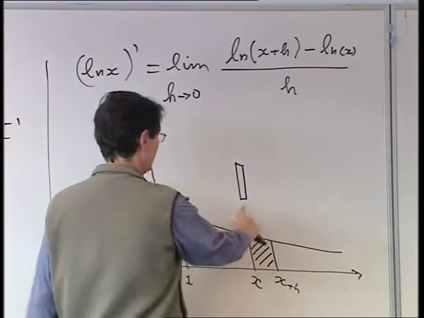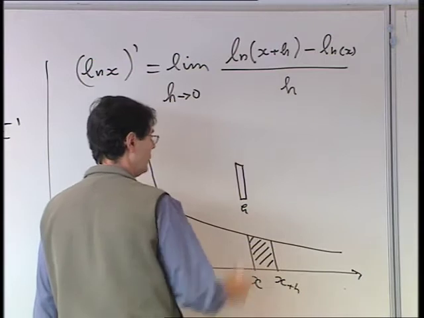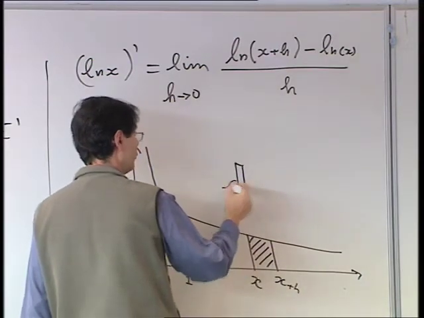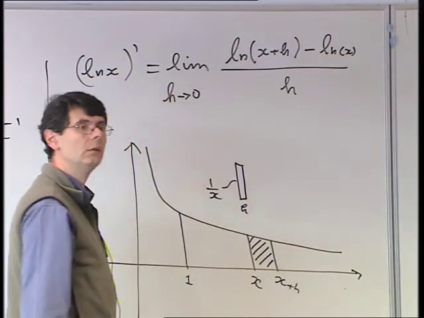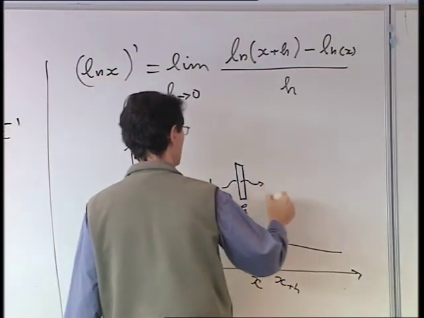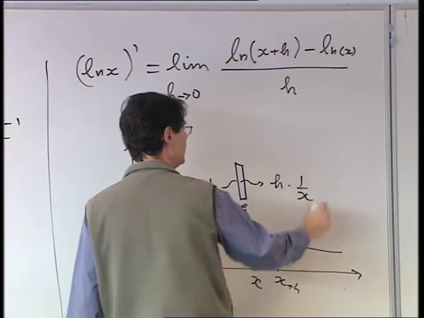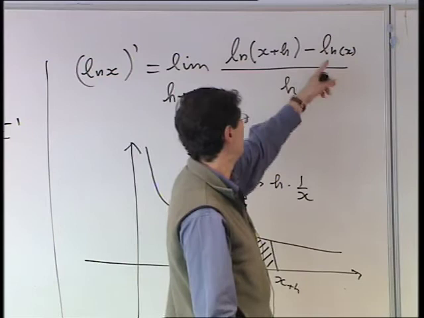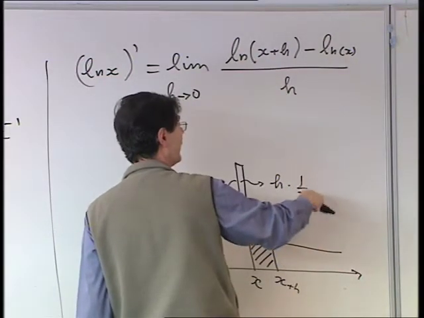What's the base? The base measures h. And what's the height? The height measures 1 on x. So this area here is approximately base times height. So the number in the numerator is approximately h multiplied by 1 on x.